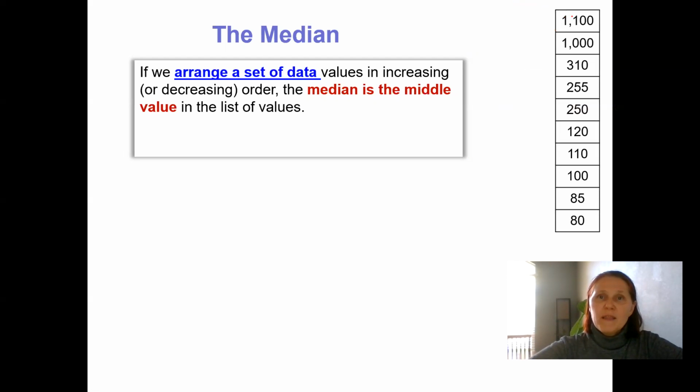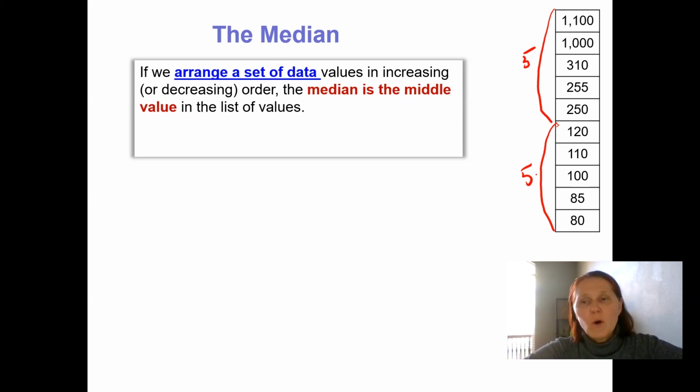And then we find the value that is exactly in the middle. Here we have 10 values, 5 and 5. Actually, it doesn't matter how you arrange them, increasing or decreasing, we need to find the middle. So here, when we have two values in the middle, we find the mean of these two values and call it the median.